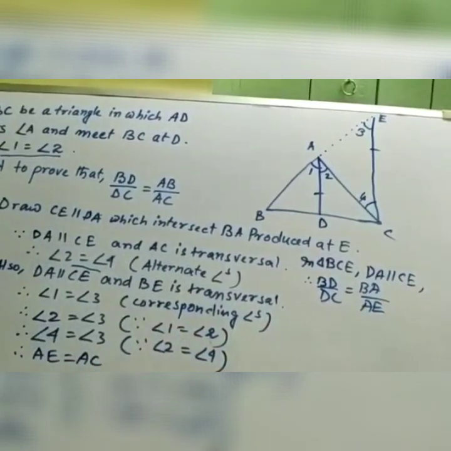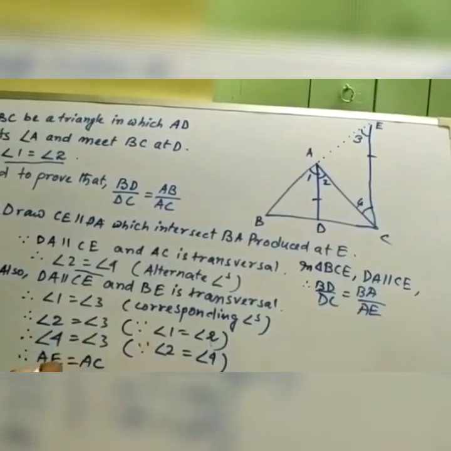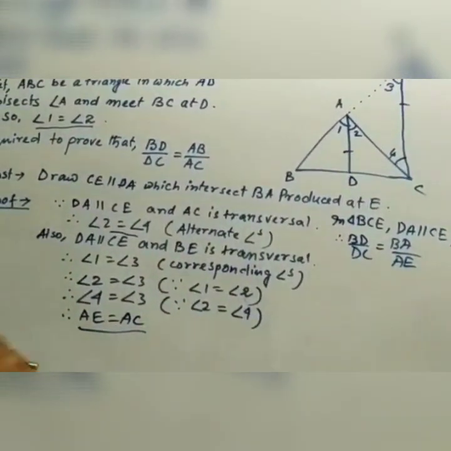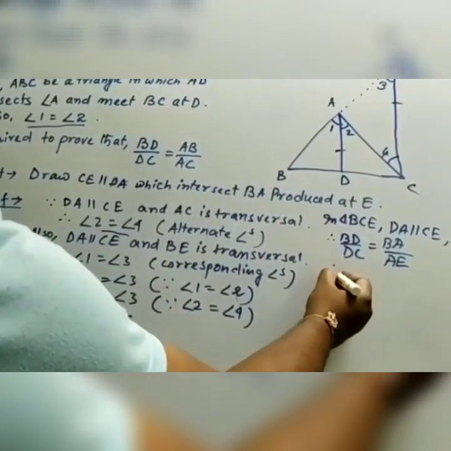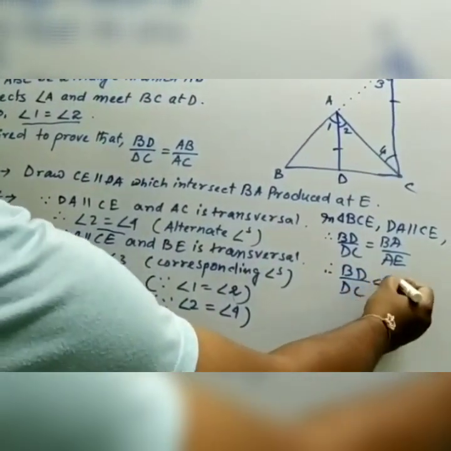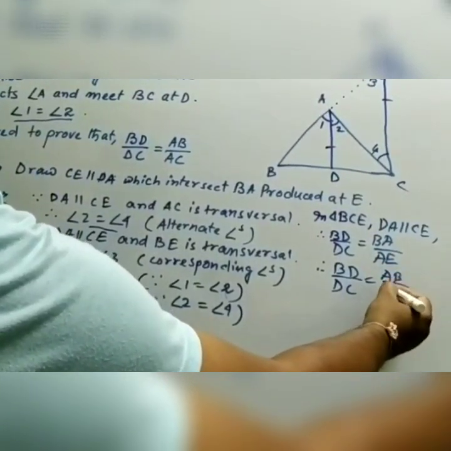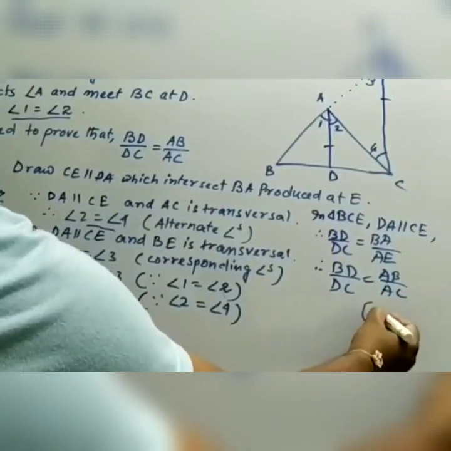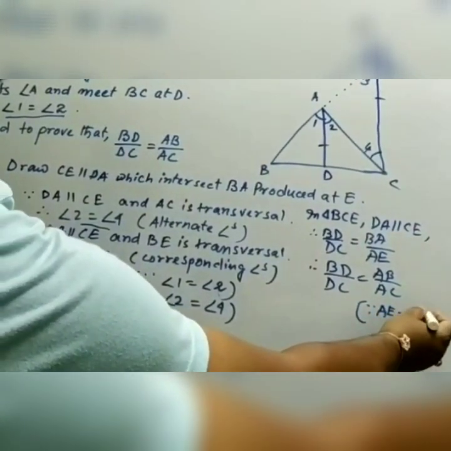By BPT we have got this, and you can see that we have AE equals AC. So replacing AE by AC, we have got our proof, BD by DC equals BA, which will become AB, and AE replaced by AC, since AE equals AC.